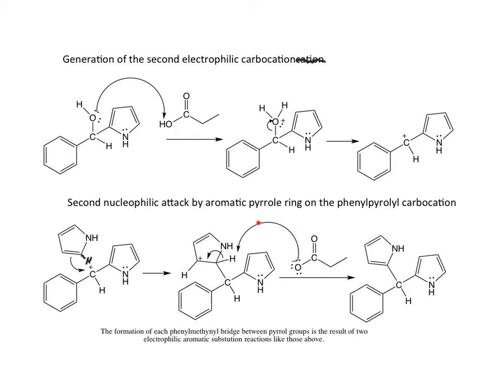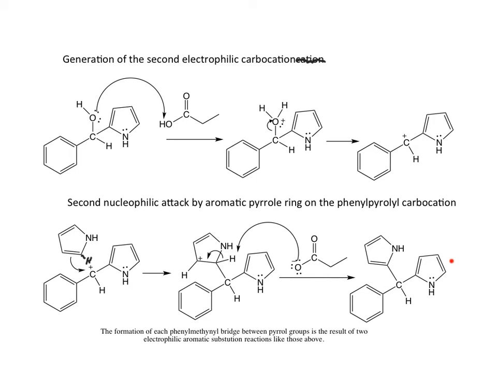It can act as a base to deprotonate that intermediate, allowing these electrons to fall back in and restore the aromatic system. And we have bridged two pyrrole rings with a benzyl group, actually a phenylmethynyl bridge, here it is down here, a phenylmethynyl bridge is connecting two pyrrole groups.